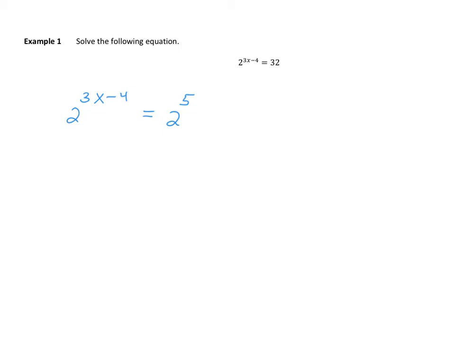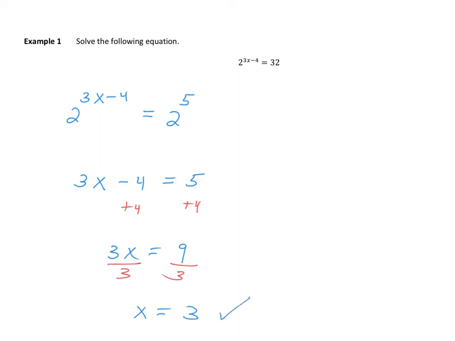Because the bases are the same, I can now take the two exponents and set them equal to each other. To solve for x, I can add 4 to both sides of the equation. I'll then divide both sides by 3, and we get that x is equal to 3.